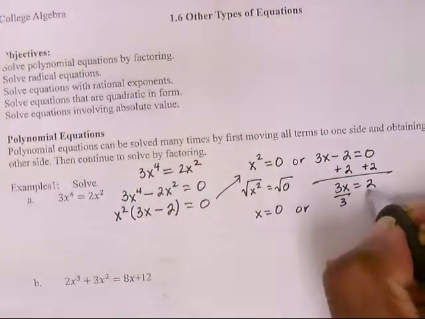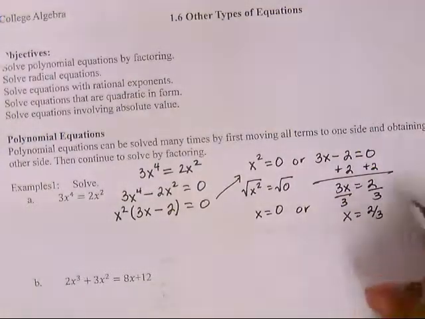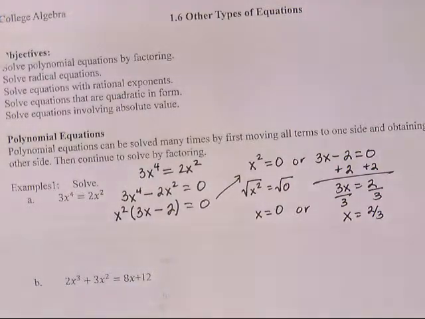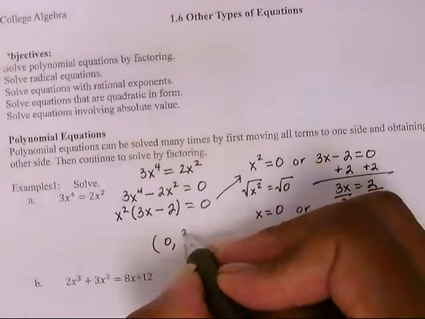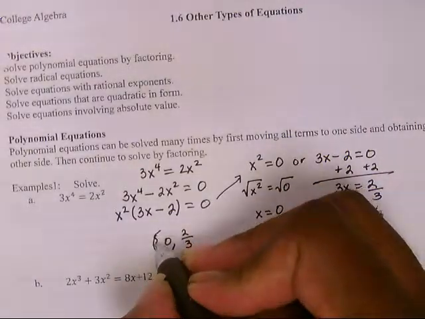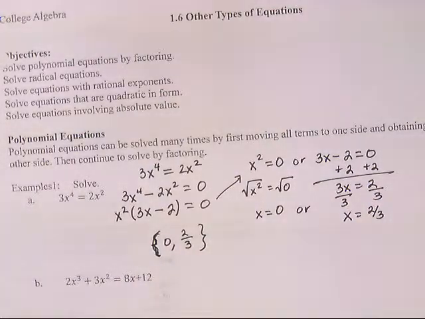And then finally divide by 3. x is equal to 2/3. So the solutions of that polynomial equation are just going to be 0 and 2/3. Okay, so that's how we solve that polynomial equation.